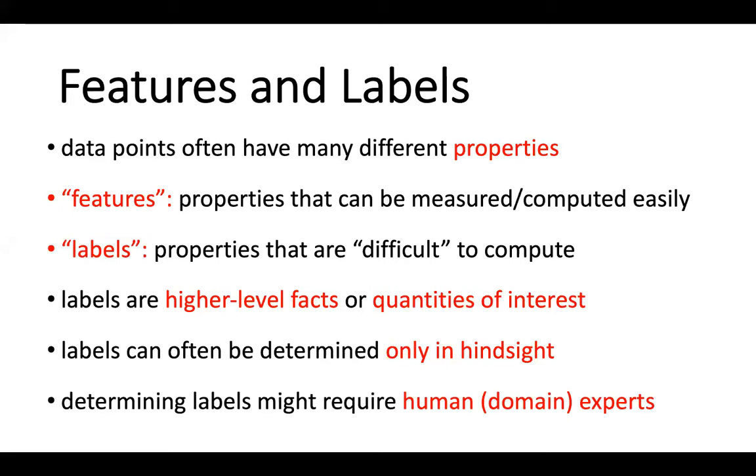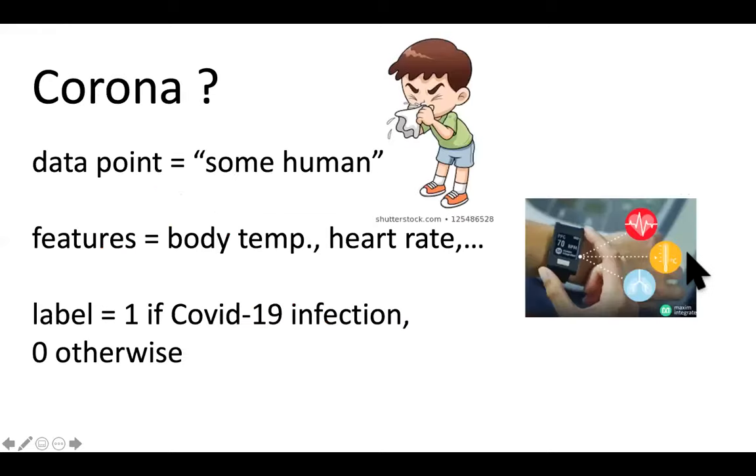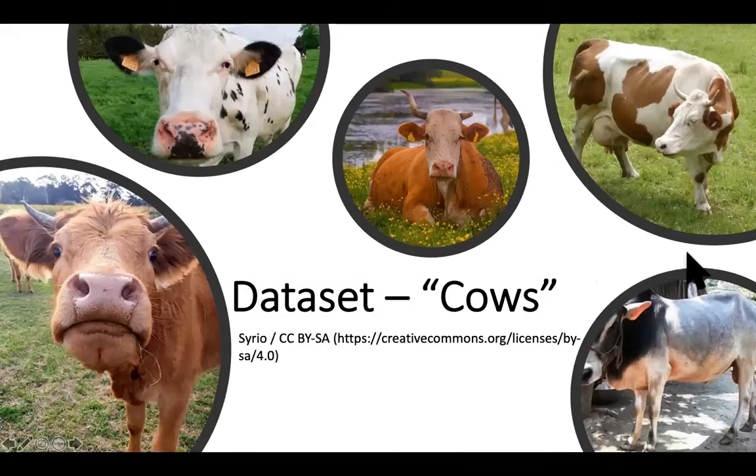But then a data point typically also has other properties, which we call labels. Labels are a different type of property, which often mean higher-level facts or quantities of interest. They can either be determined only in hindsight, if we already know what happened exactly, or they require human experts. So let's look at the examples again. What could be a label, a property of interest of a cow?